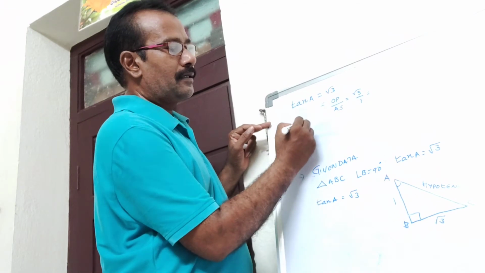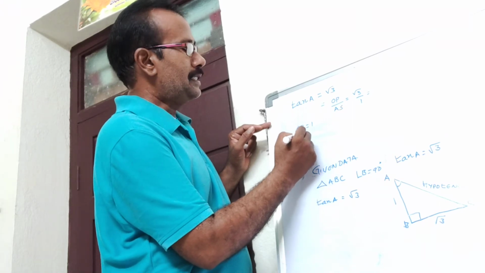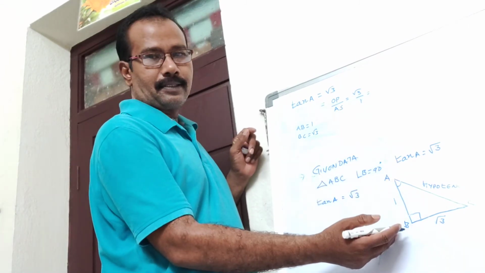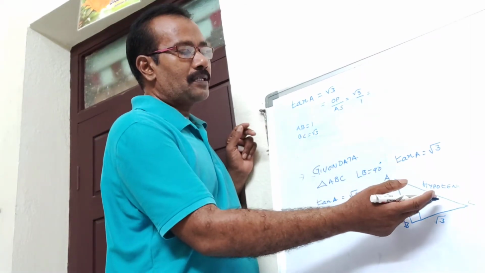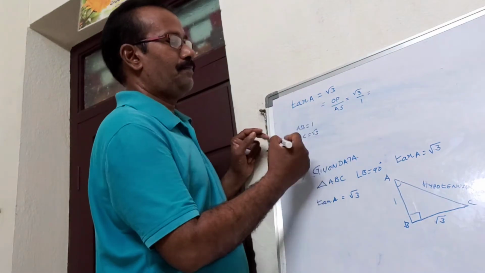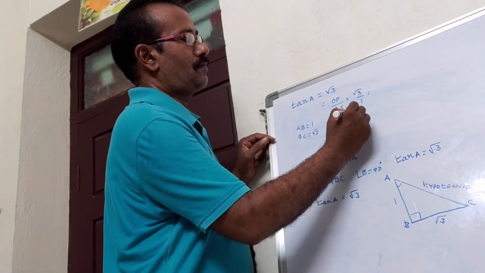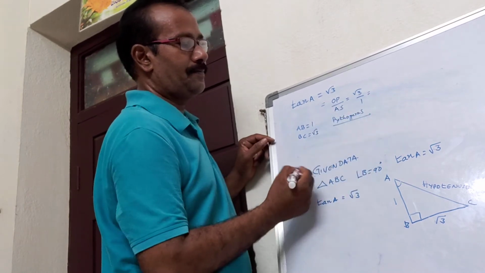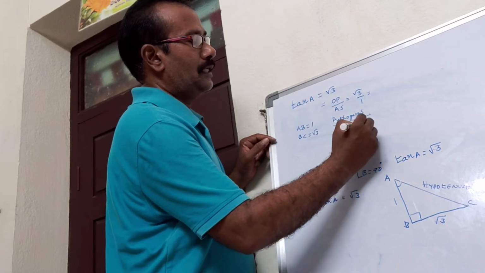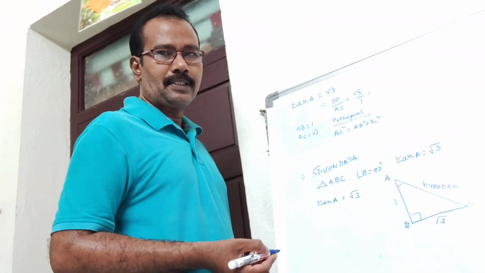Here AB is equal to 1, BC equal to root 3. According to the Pythagoras theorem, the square of the hypotenuse is equal to the sum of the squares of the two other sides. In the right angle triangle, AC square is equal to AB square plus BC square.